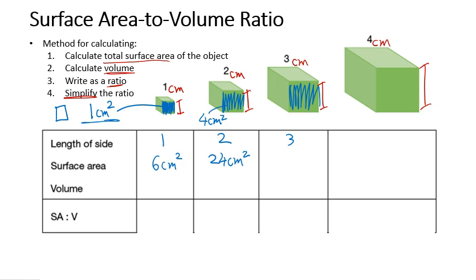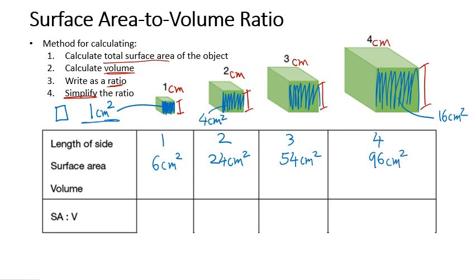And then we need to multiply by 6. 6 nines are 54 square centimeters. And the 4 centimeter cube has 16 square centimeters as its face. So multiplying that by 6, we've got 96 square centimeters.